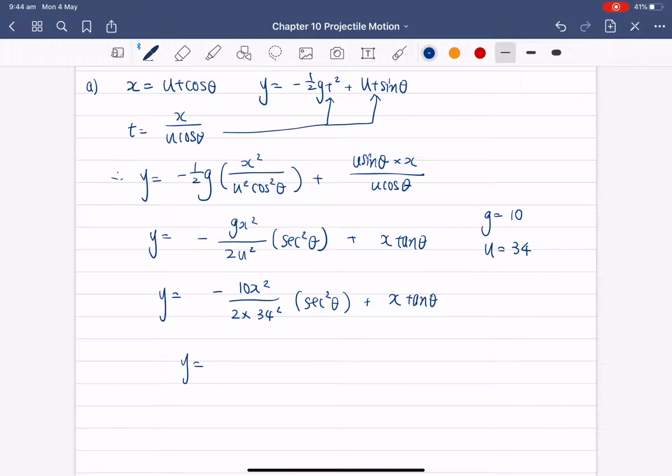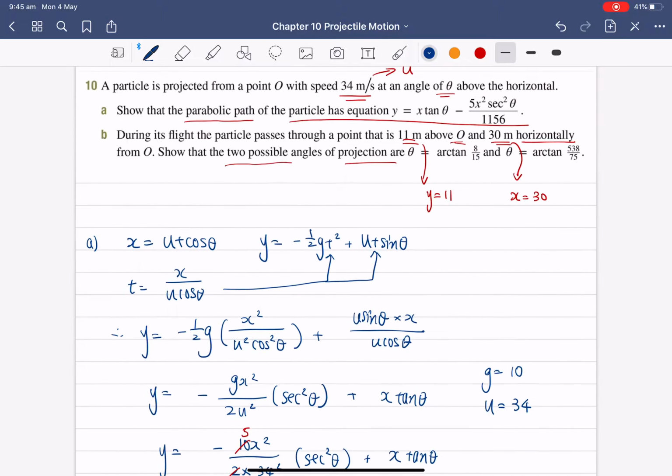So 10 over 2 becomes 5, so minus 5x squared over 34 squared. 34 times 34 is 1,156. Sec squared theta plus x tan theta.